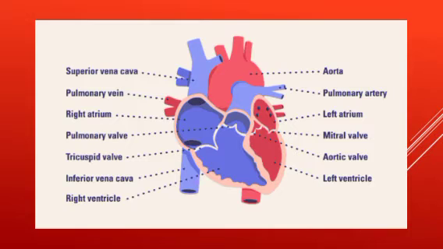From the left atrium, this blood will be passed to the left ventricle through the bicuspid valves. Then finally this blood will be pumped through the aorta to all body parts. That is on adult circulation.